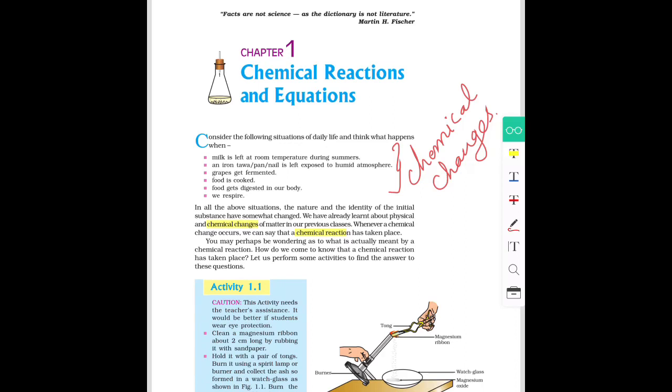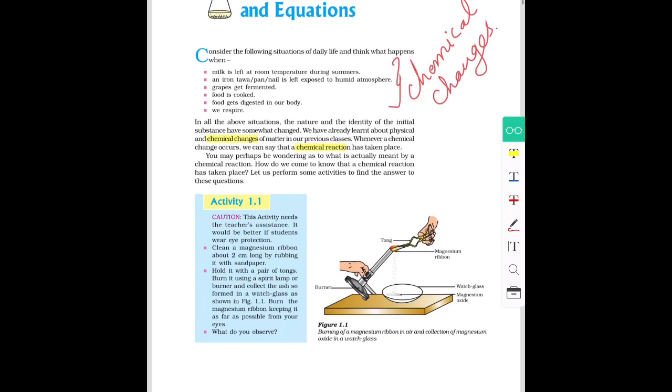This activity needs the teacher's assistance. It would be better if the students wear eye protection. Clean a magnesium ribbon about 2 cm long by rubbing it with sandpaper. So, we are taking a substance called magnesium.